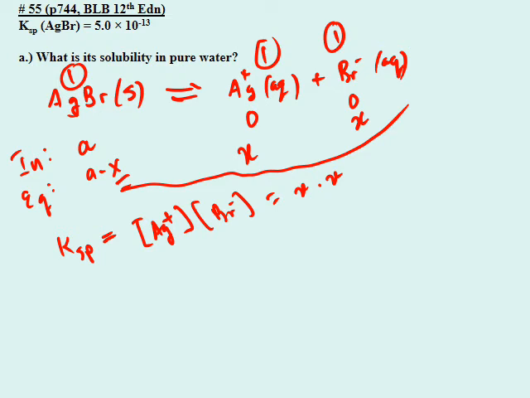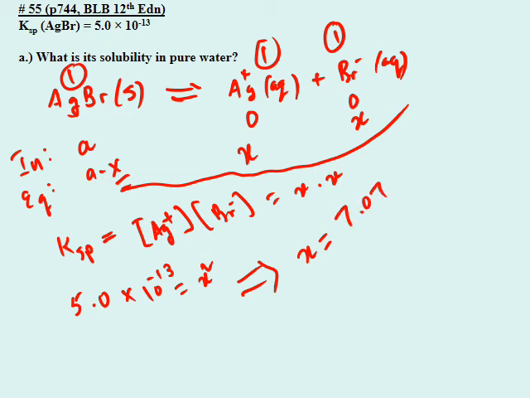So KSP is 5.0 times 10 to the negative 13, and that equals X squared. From here, I can calculate the X value to be 7.07 times 10 to the negative 7 molar.